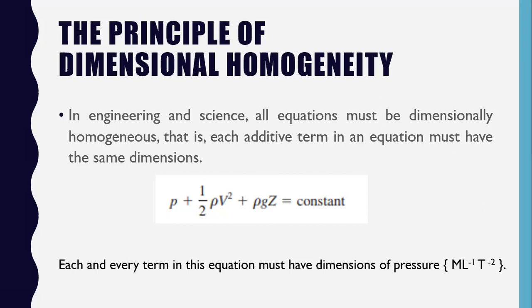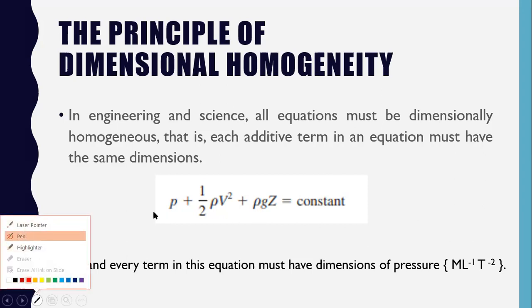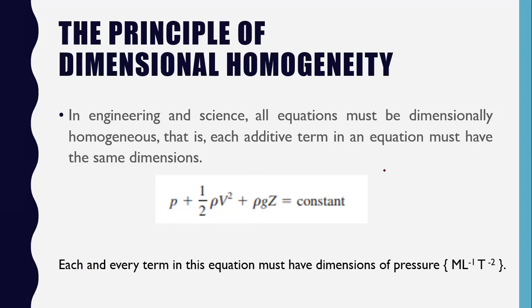If you want the explanation of how pressure has this dimension, the formula for pressure is force per area. Force is mass times acceleration, so F equals mass times acceleration.